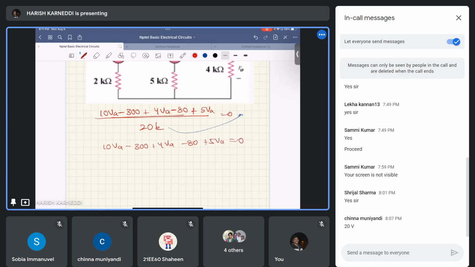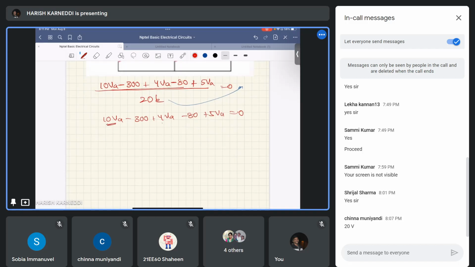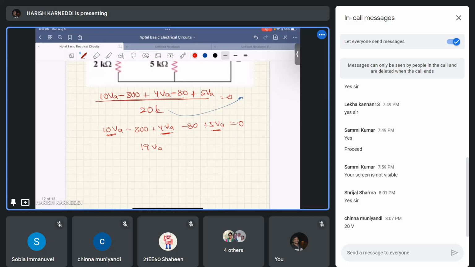equal to 0. So 10 VA plus 4 VA is 14 VA. 14 VA plus 5 VA is 19 VA. Is it clear?